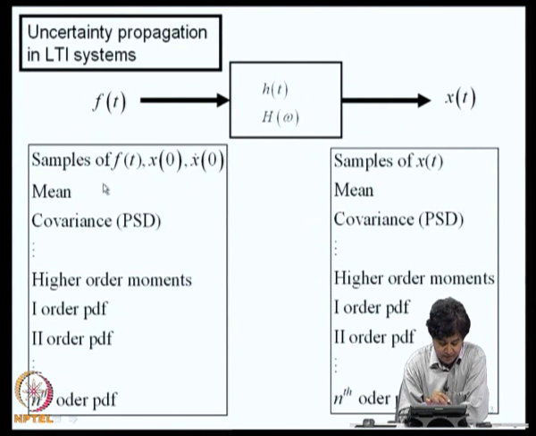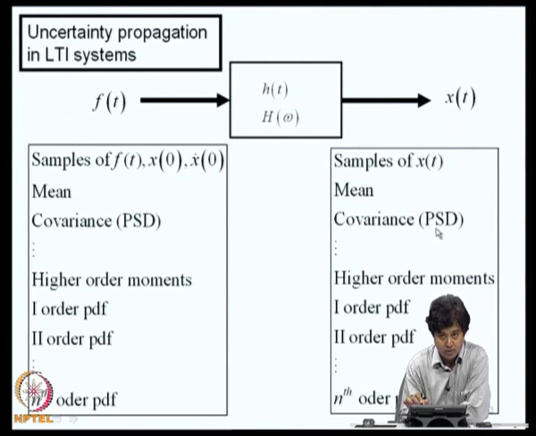But if f of t is specified in terms of its mean, how does one derive the mean of the response in terms of the mean of f of t? Is it possible? If so, how to do it? Similarly, if one has a description of covariance or the power spectral density function in the frequency domain, then how to define the covariance of the output? Can we define the power spectral density for x of t?